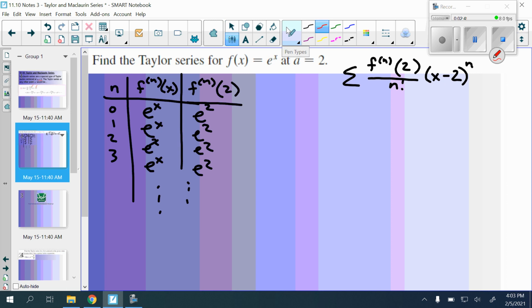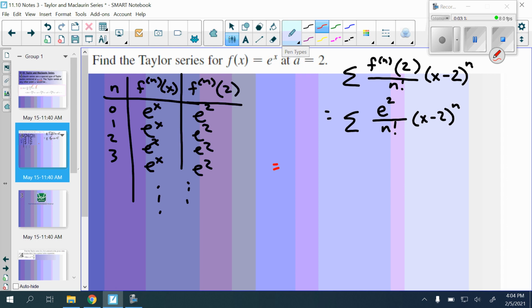So our function evaluated at 2, since they're all the same, would end up being e squared over n factorial, and this is always going to be x minus 2 to the n. So let's write out the first couple terms.